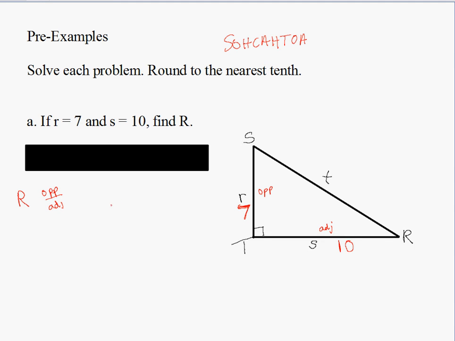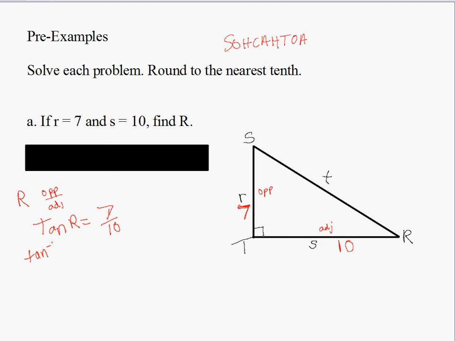All right, so tangent of R is equal to opposite, which is 7, over 10. I want to solve for R, so I need to get rid of this tangent. How do you get rid of a tangent? You use inverse tangent.